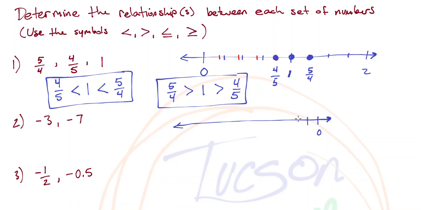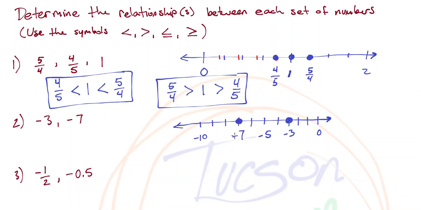So I'm going to go 1, 2, 3, 4, 5, 6, 7. So 8, 9, 10, wow. So -10 is there. 1, 2, 3, 4, 5. -5 is there. And now I can plot my points here. So -3 would be 1, 2, 3, right there. There's -3, and 4, 5, 6, 7 would be right there.